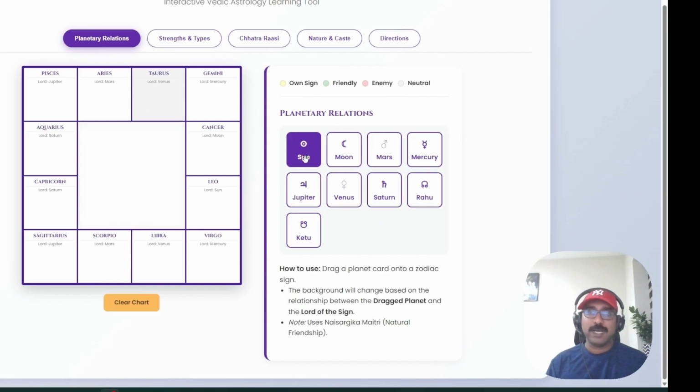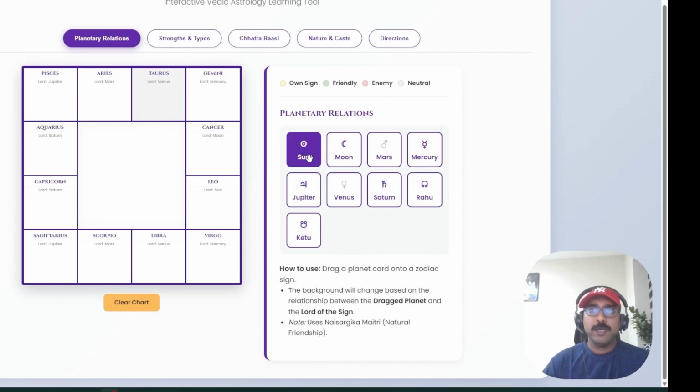So there is a different way of looking at planetary relationships in Prashna, which also makes it very unique. So for the Sun, let's start with the Sun.